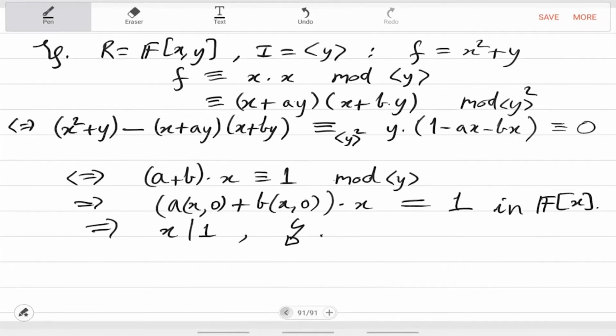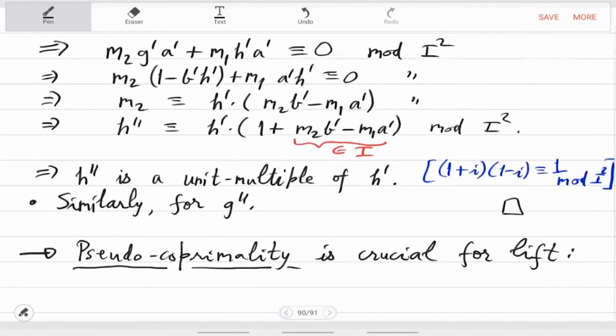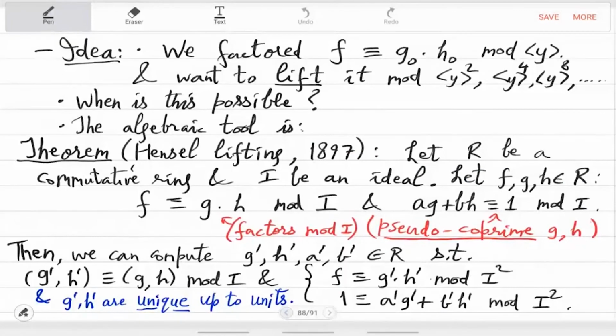Okay. Last thing that remains is what Ashish was worried about, what happens to degrees when we are talking about the bivariate example. So the special case of this Hensel lifting theorem, when R is bivariate, and say you started with a nice factorization of f into g and h, where both g and h are monic.